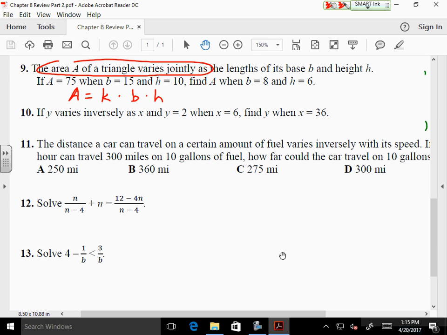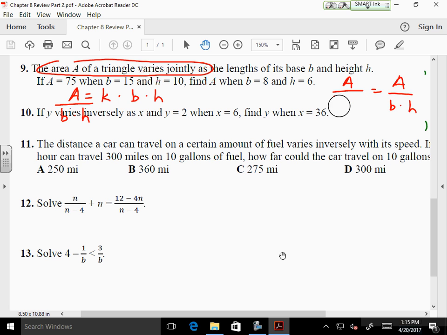And so k would be equal to area divided by base times height. And so that's the proportion we would set up. A over b times h equals a over b times h.